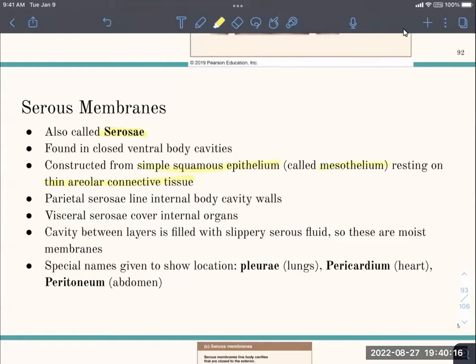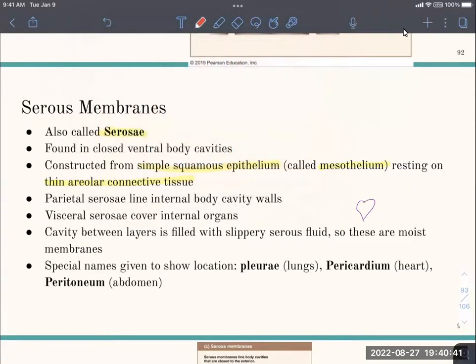We'll use these terms all the time through the rest of this class and next class, because we'll talk about each of these different serous membranes when we get to the different places in the body. So the cavity, there's a small cavity between that parietal and visceral. So here's the heart.